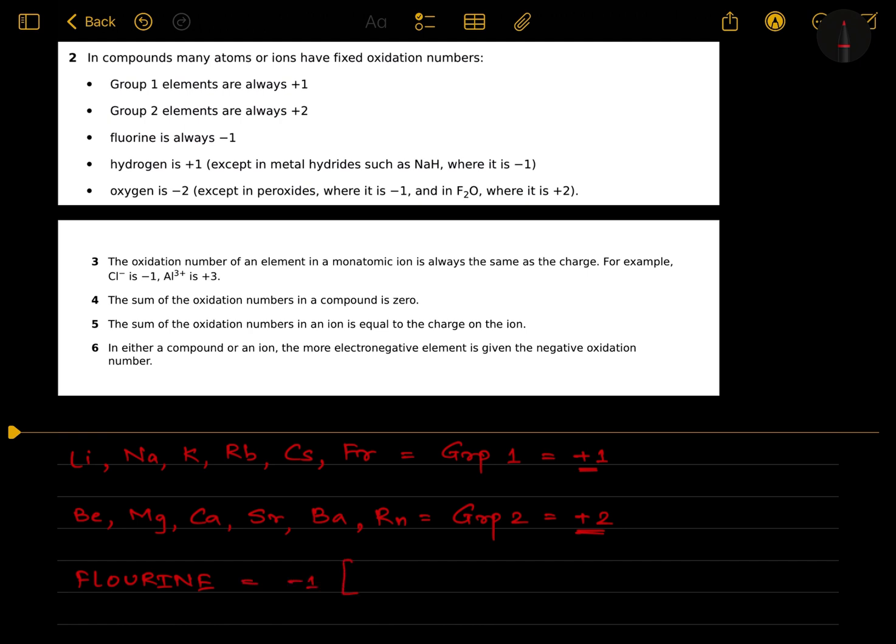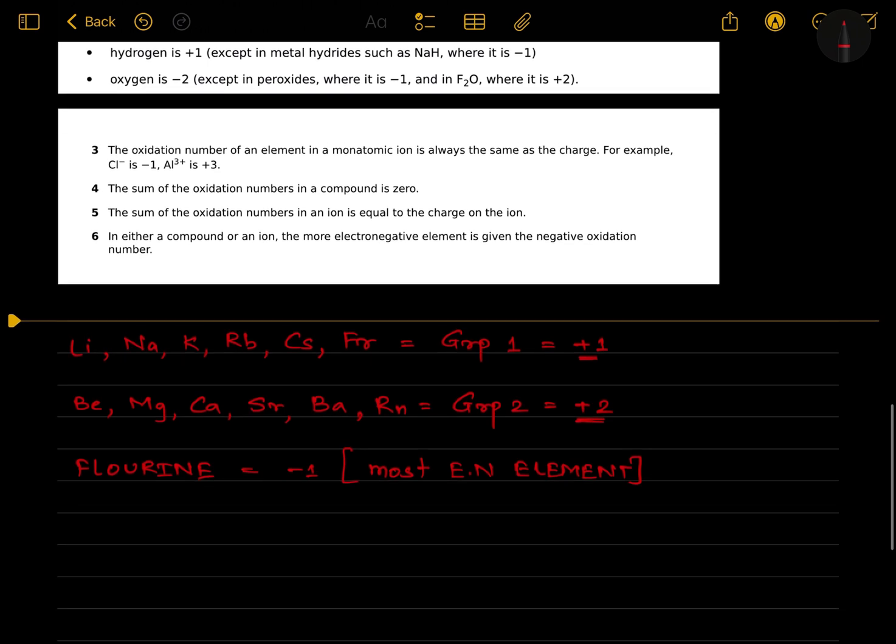Why is it so? Because fluorine is the most electronegative element. What do you mean by electronegative? Electronegativity means the tendency to gain electrons. Fluorine is the most electronegative element, followed by oxygen.